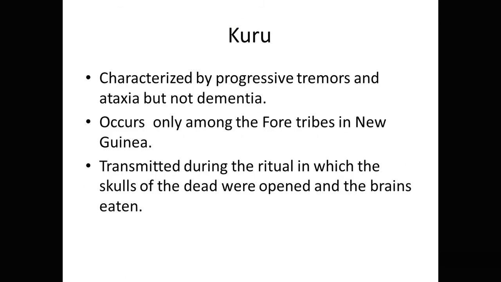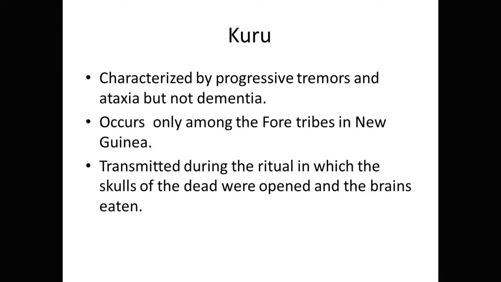Let's discuss a few diseases. Kuru occurred in tribes of New Guinea, and cannibalism was common among these tribes. They had a tradition to eat the deceased people: the brain was eaten, muscles, and also other parts of the body.